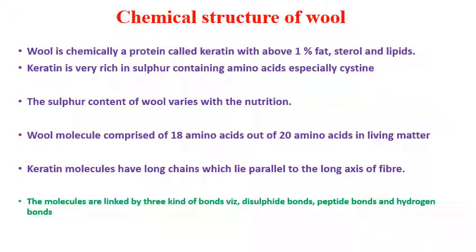And then there is the normal peptide bond, which is between the carboxyl group and the amino group between the amino acids. And thirdly there is hydrogen bonding that happens due to the presence of the hydroxyl group and the carboxyl group. So these bonds give a special strength to the wool fiber.